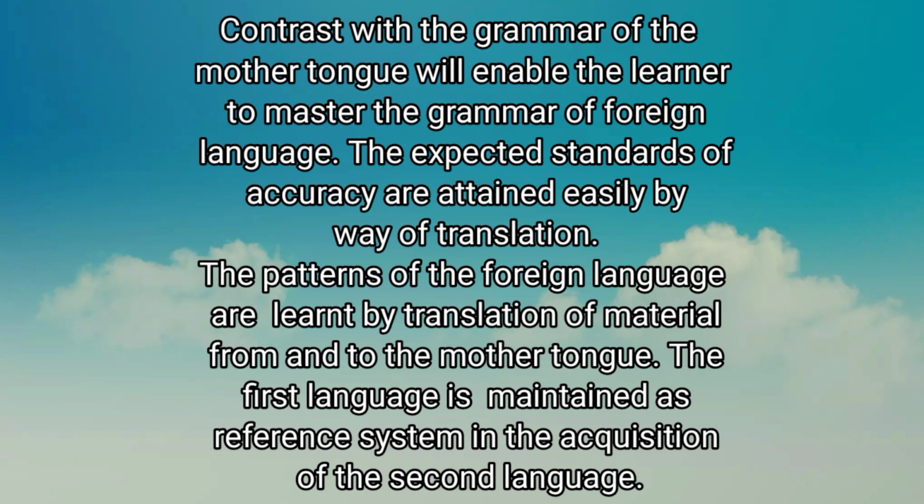So whatever translation material is available with respect to the foreign language, that material is going to be translated from the mother tongue to the target language and the target language to the mother tongue. So here, for the purpose of learning the second language, which is nothing but English, whatever mother tongue we are going to use, that mother tongue is going to be maintained as a reference system or reference material.